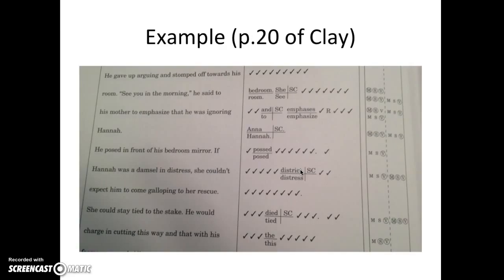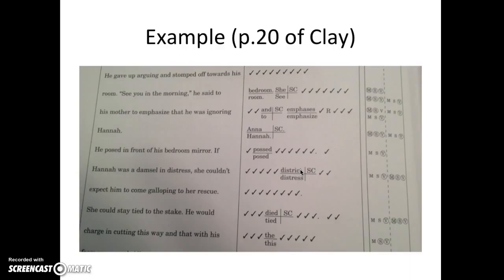So if you look at page 20 of the Clay text, you can see that, in fact, in several cases here we have errors in which all three of the error types are in play. If you look at this child making a mistake of substituting bedroom instead of what it says, room, you can see clearly that's a meaning piece. Bedroom is a kind of room. We often say go to your room, right?